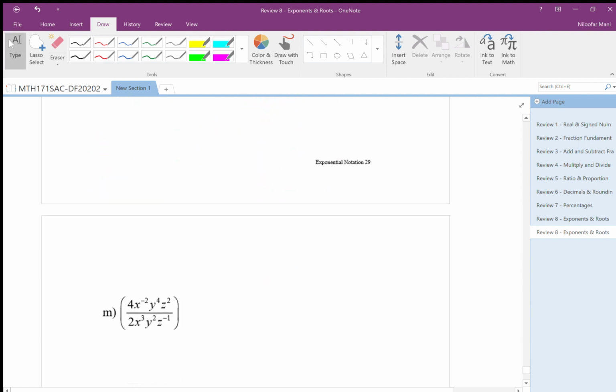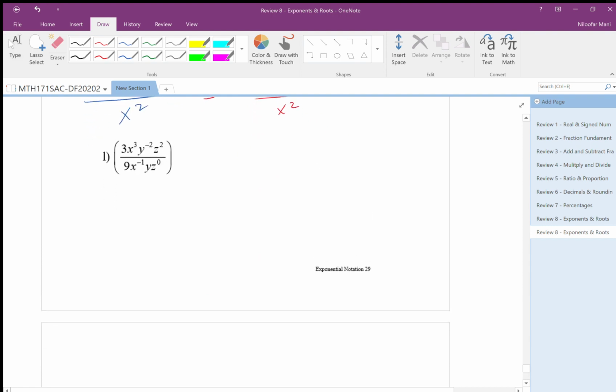How about this one? For these you have to just simplify. So 1 over 3, simplify this and this. Then x power 3 minus 1, then y power minus 2 minus 1, then z power 2 minus 0.